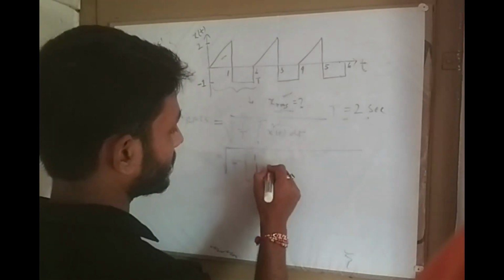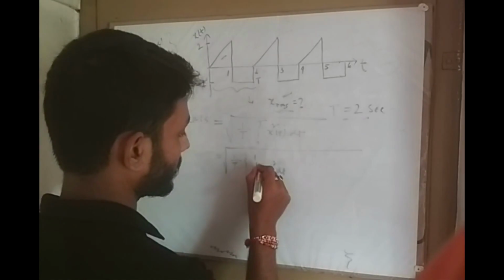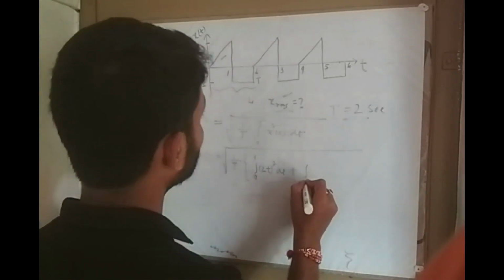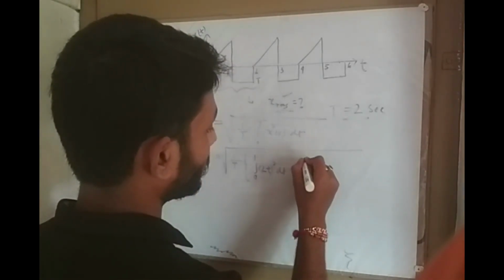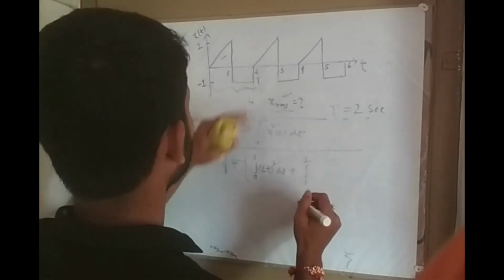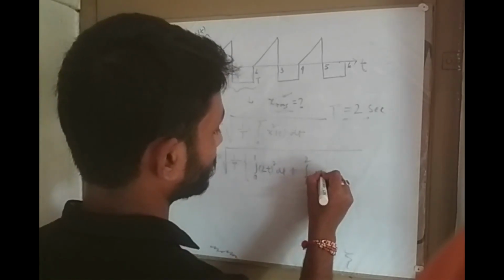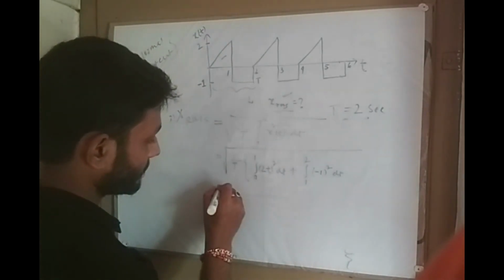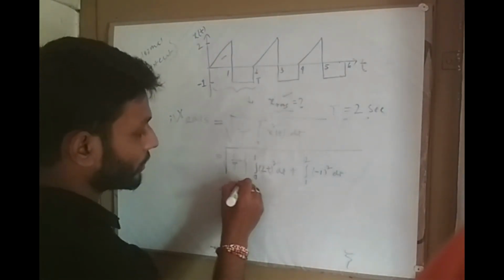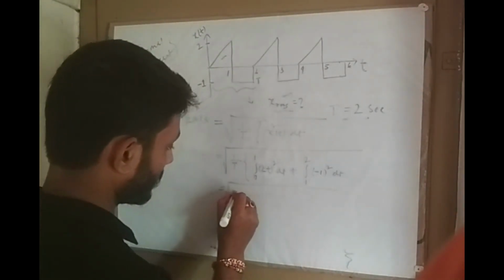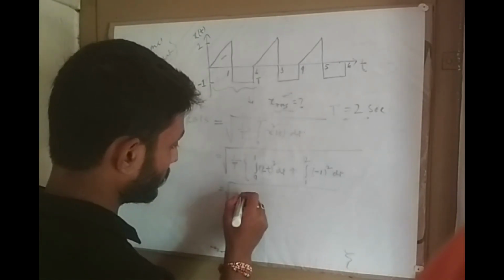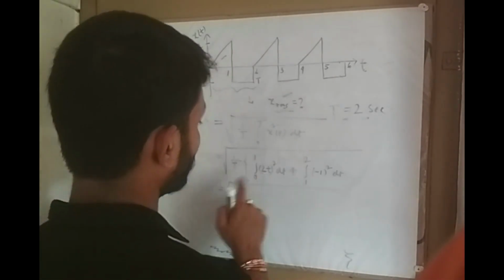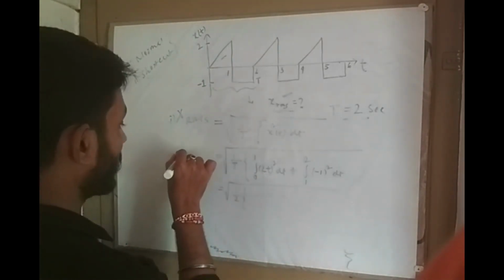So the integration of x of t whole square dt from 0 to 1, plus from 1 to 2, where x of t is minus 1, whole square dt. So root over 1 by 2, and here x of t square becomes 4t square.